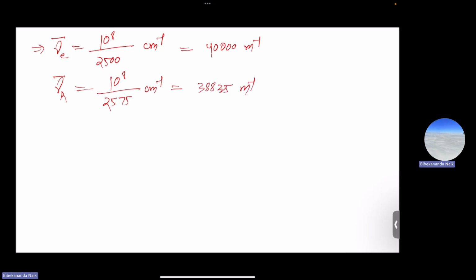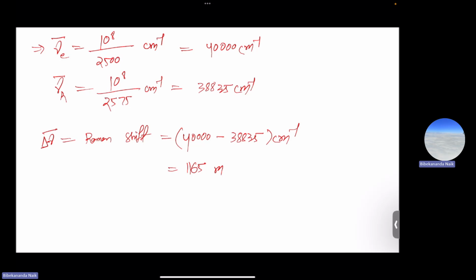38835 meter inverse. So delta nu bar, that is Raman shift, it will be 40000 minus 38835 meter inverse, which is 1165 centimeter inverse.